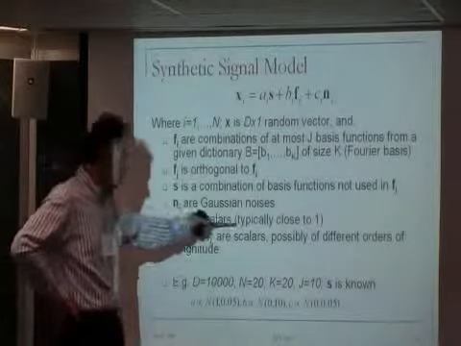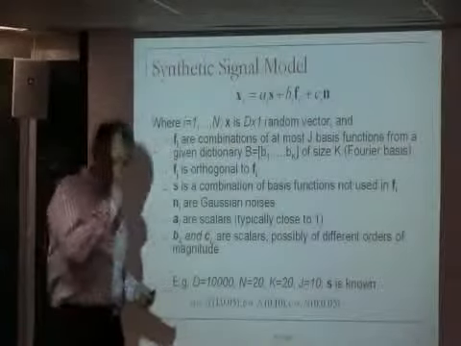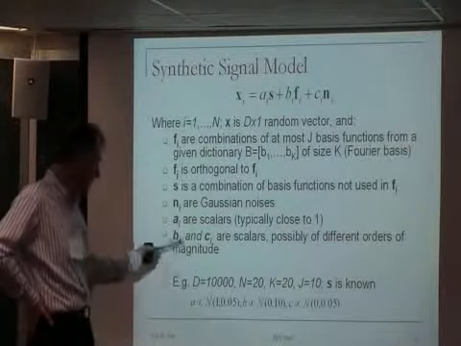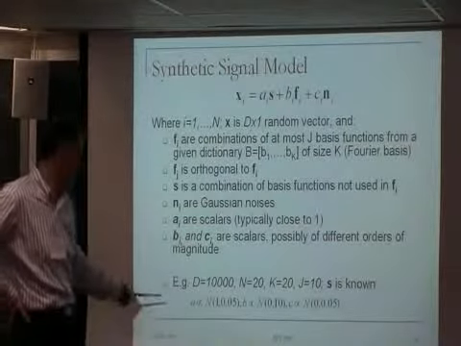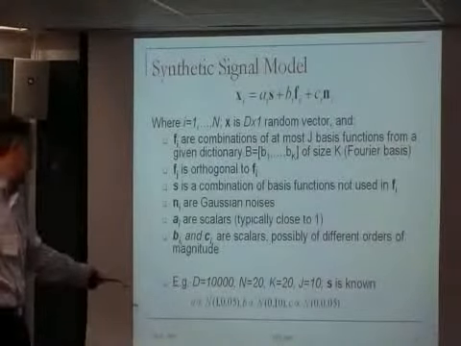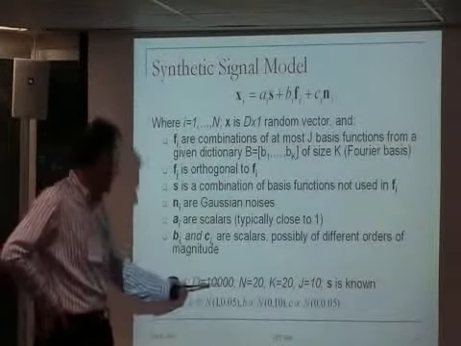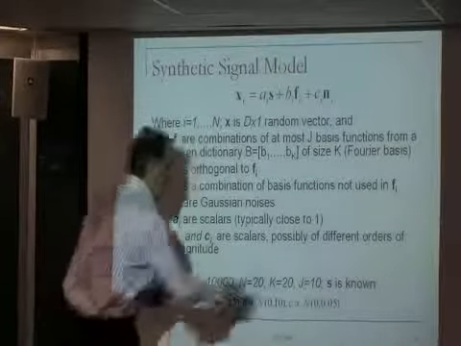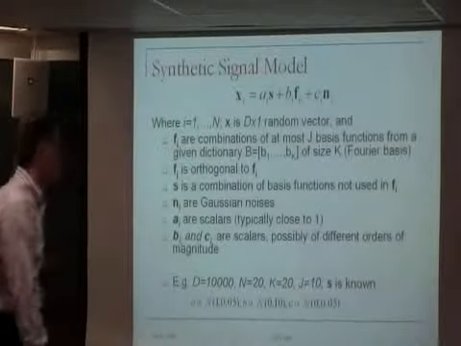Okay, so the A_i are scalars, typically close to 1, and B, C are scalars, possibly of very different orders of magnitude. And I'm just giving here an example, for instance, D is dimensionality 10,000, N is 20, whatever. So I have combinations of 10 basis functions.